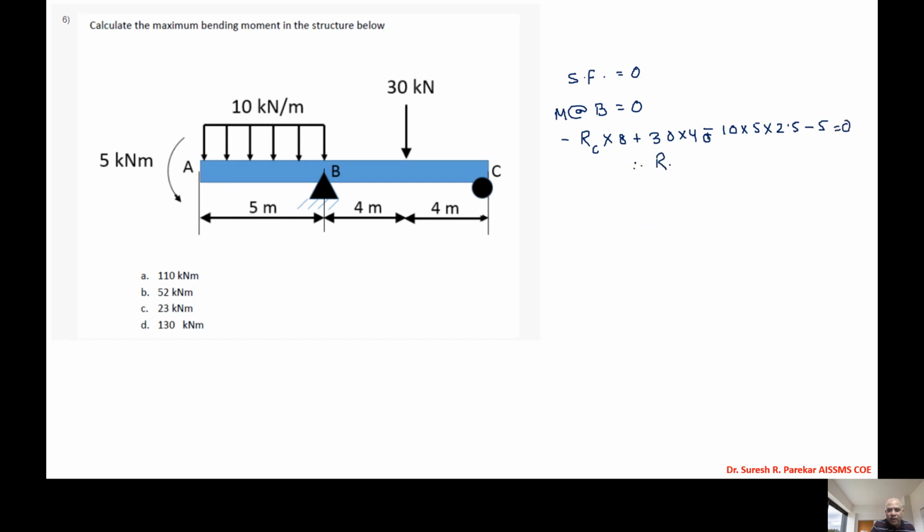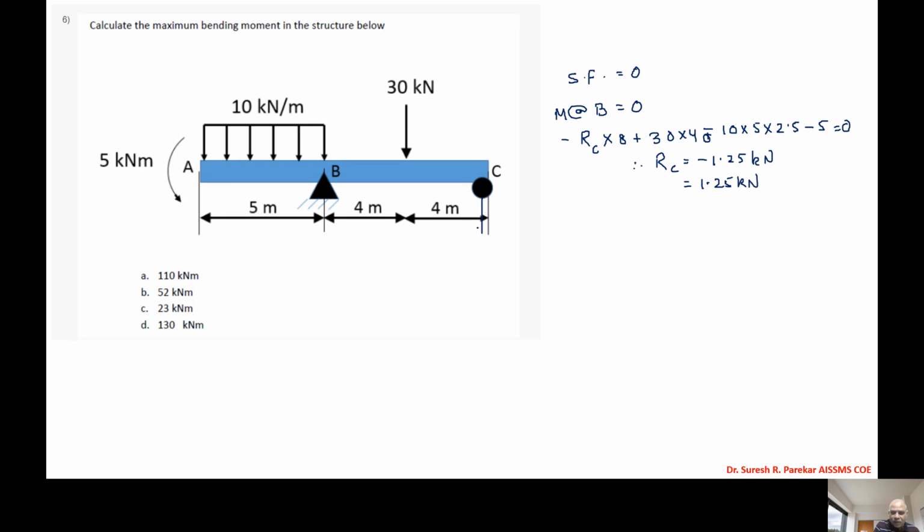From this we will get the value of RC, the reaction at C, that is equal to 1.25 kilonewton, but minus. So we have RC 1.25 kilonewton downward.